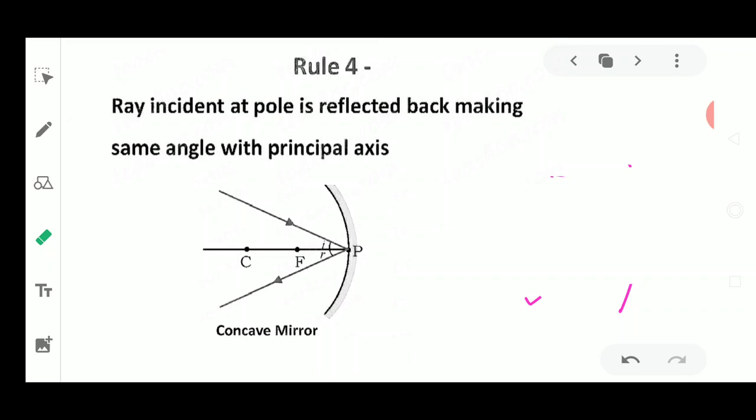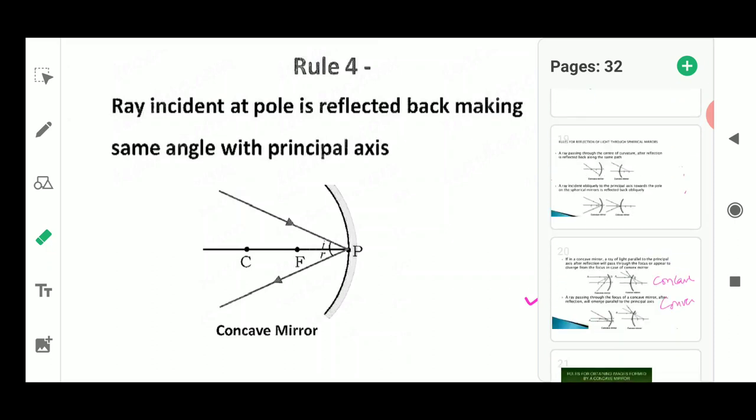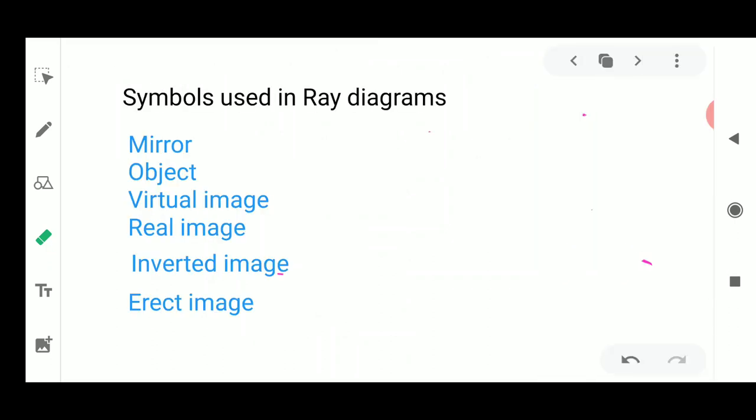You should also know the nature of the image. In the beginning I told you that some symbols are used in drawing the ray diagram. The symbols were virtual and erect image, real image, inverted image, and some other words are being used.